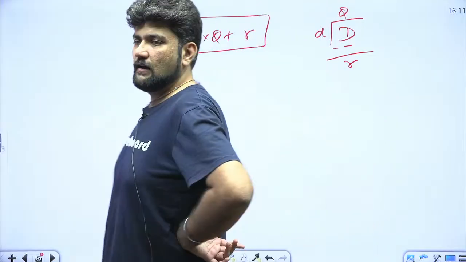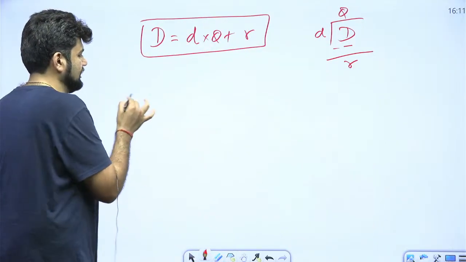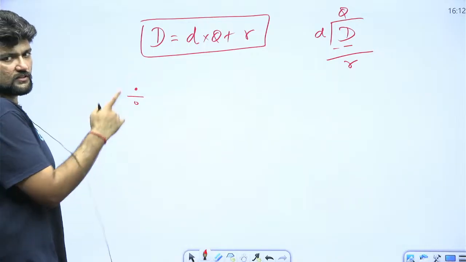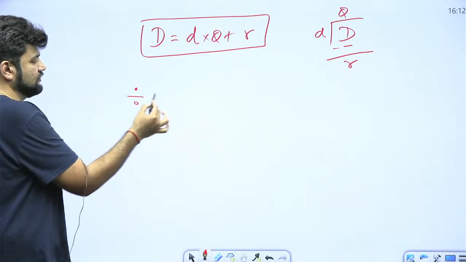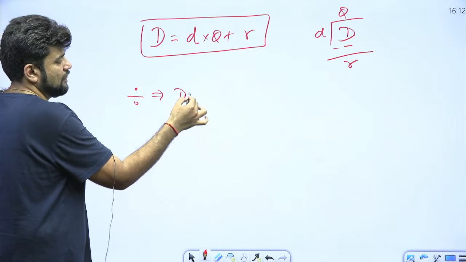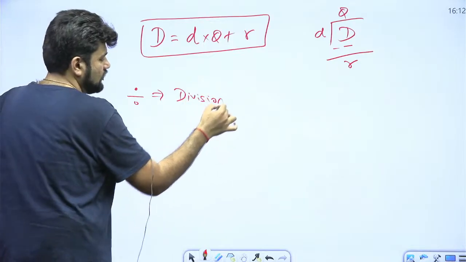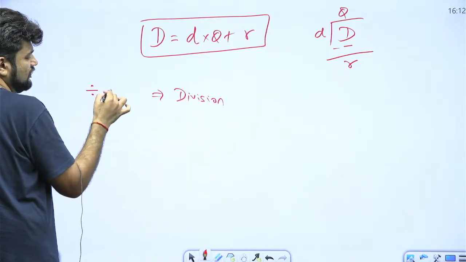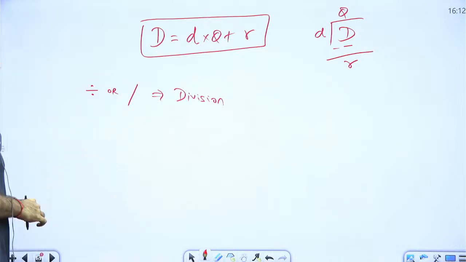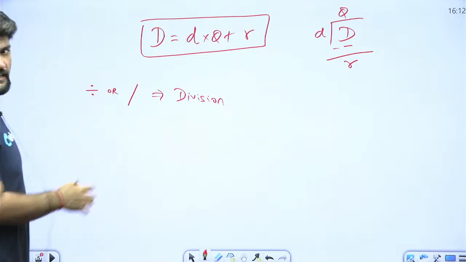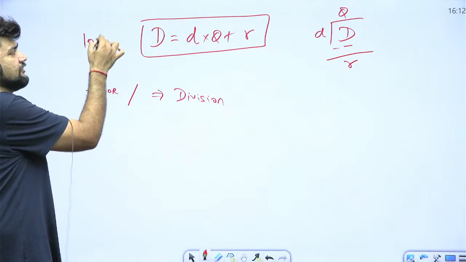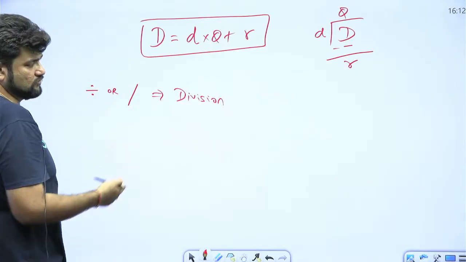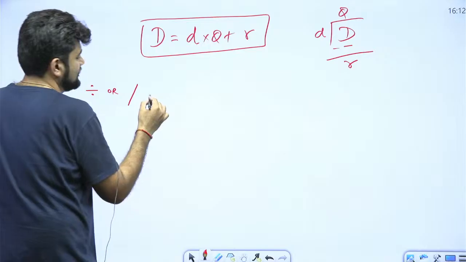Whenever I use this sign between two numbers, for example, this is known as division. And how is this also represented? It is either this sign or a simple slash. Slash can be a normal slash, I can write it like this: 10 by 5 is equal to 2. Or it can be a fraction also.